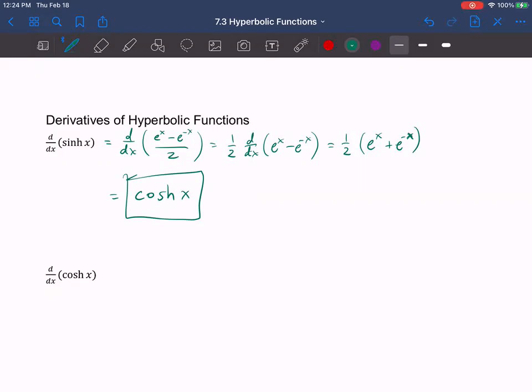Any guesses on what the derivative of cosh is going to be? Try it. Go ahead, I'll pause this for a minute. Y'all try. Quick.